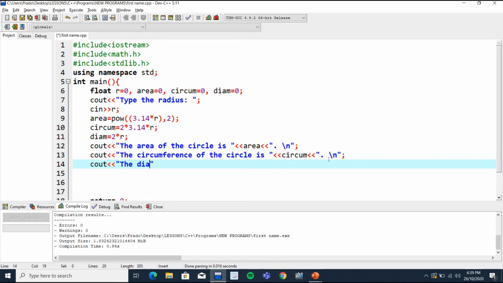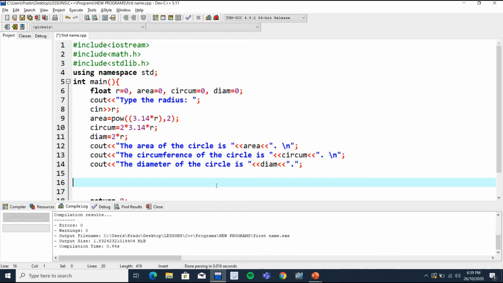So, the diameter of the circle is, tawagin natin si diam. And then, the same dito kanina, lagyan natin ng period. So, no need kay \n kasi wala na namang kasunod. So, huwag kakalimutan si return 0.